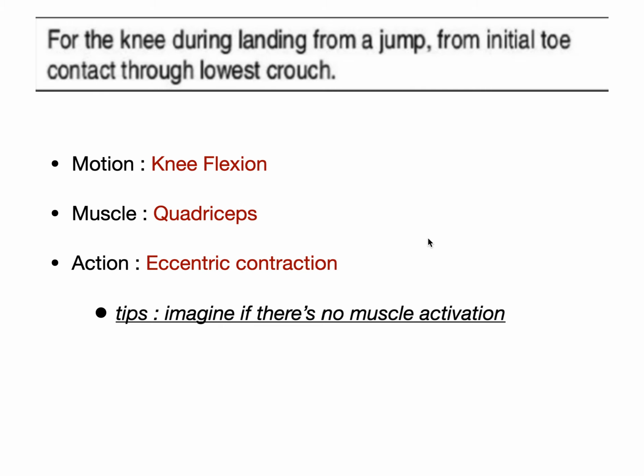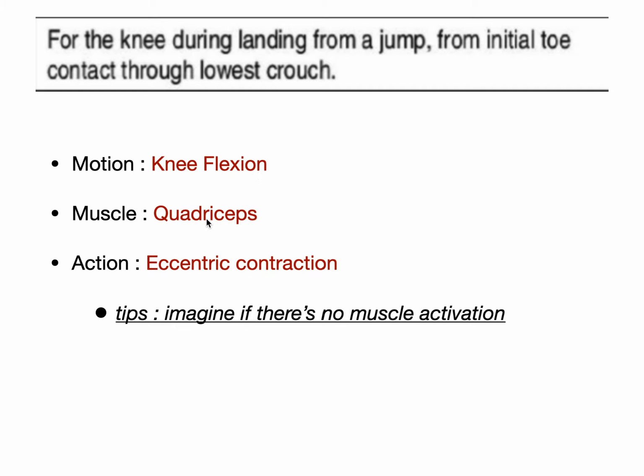We're jumping to the third scenario. It's for a knee joint during landing from a jump, from initial toe contact until your lowest center of mass. So from initial toe contact until your body center of mass is the lowest, it's knee flexion during landing, right? Your knee angle goes from big to small.